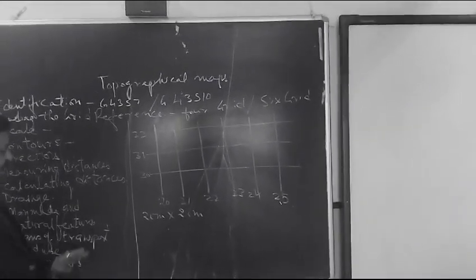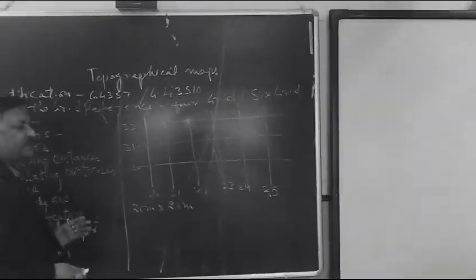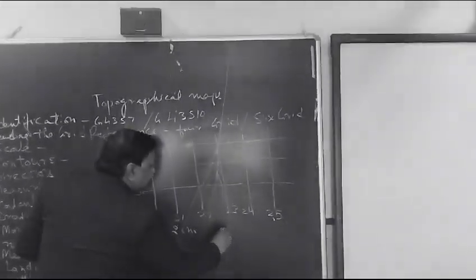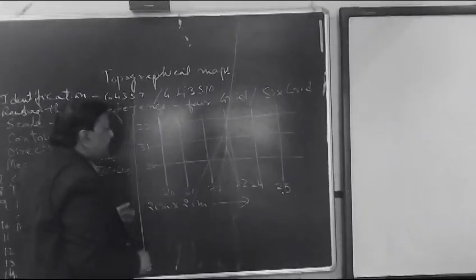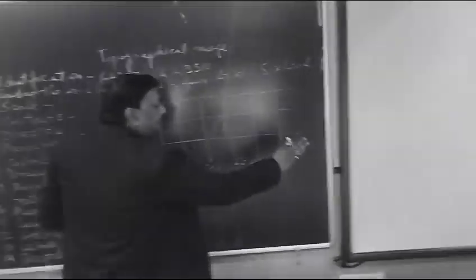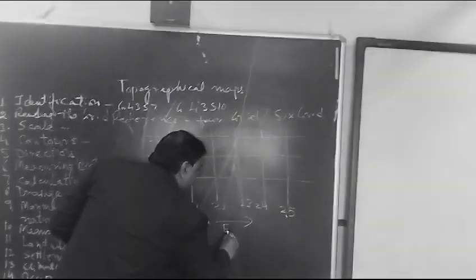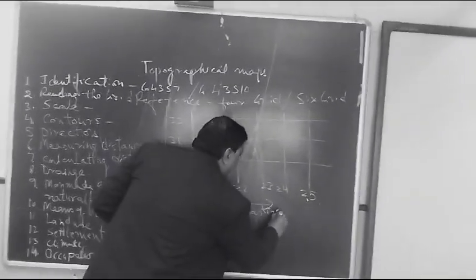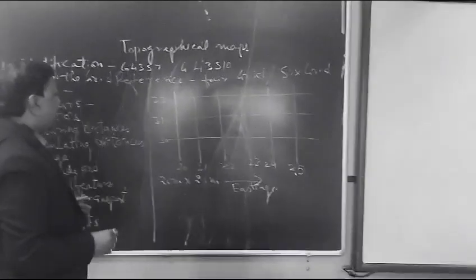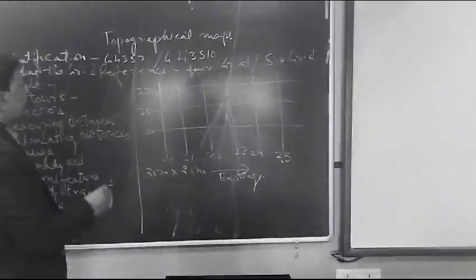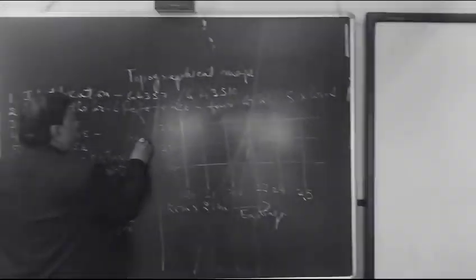So consider this as the topo sheet, and on this x-axis the numbers are increasing in this way, and these are called the eastings. And on the left hand side, the numbers which are increasing upwards, these are called the northings.